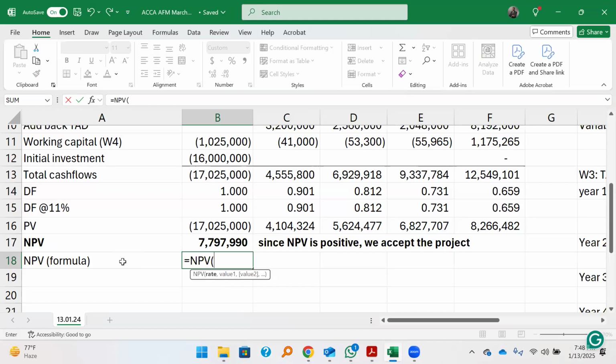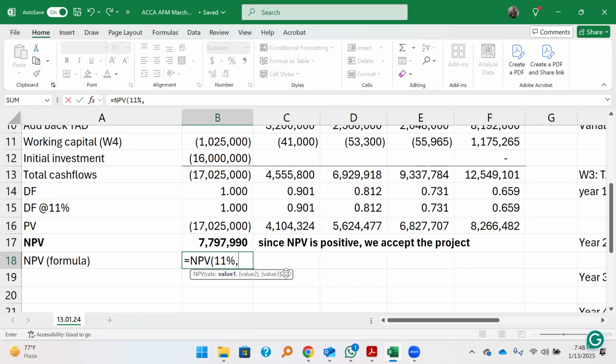Because here in Excel, it gives you basically what you need to give it, but in the exam environment, they don't give you any ideas of what you should put and shouldn't put. So which means that basically you need to have an idea, you need to know what the formula is and how to use it. So here you put it, the rate is the first thing, you put 11%, put a comma.